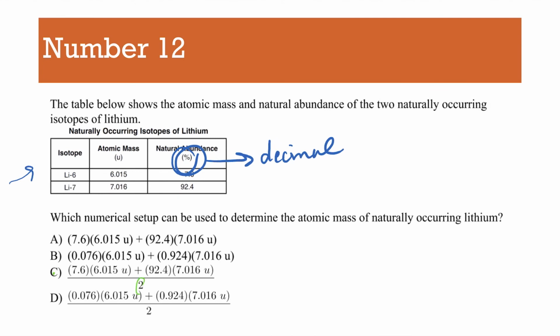For choice C and D, you're dividing by 2. That is an absolute no. You cannot do that. When you're taking your natural abundance and turning it into a decimal, so this was 7.6%, all you have to do is take that decimal point and move it 2 spots to the left. So 7.6% becomes 0.076. Again, 1, 2.